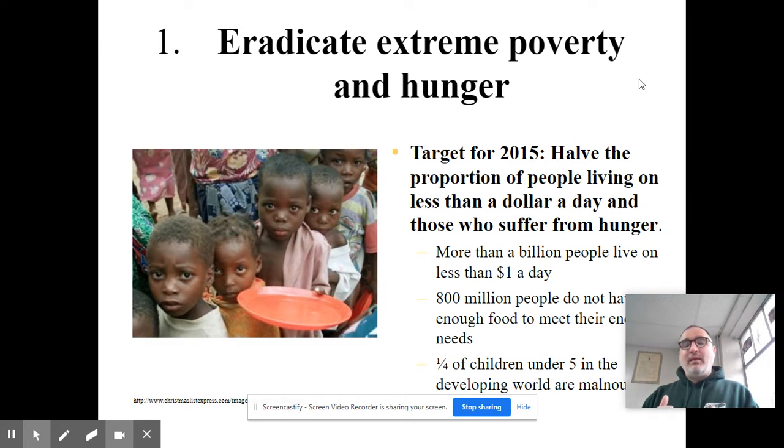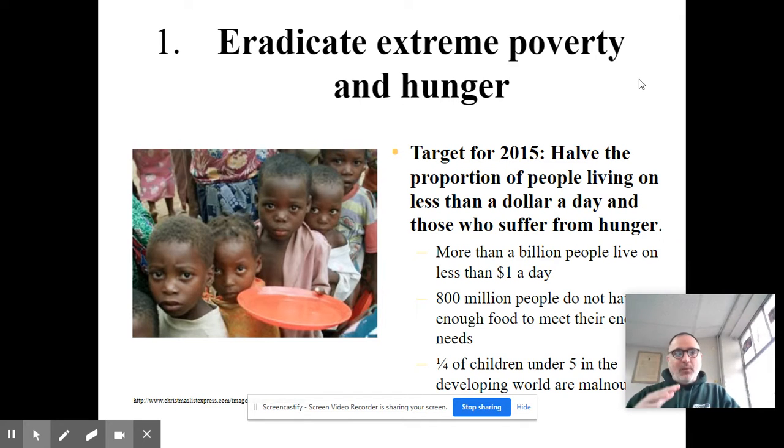And back then, even if you made $365 a year, you would still be richer than several percentage, like 2 or 3% of the rest of the world. So there were people who were living on less than $1 a day. And now, because of the growth of these goals, you see fewer people living on less than $1 a day.